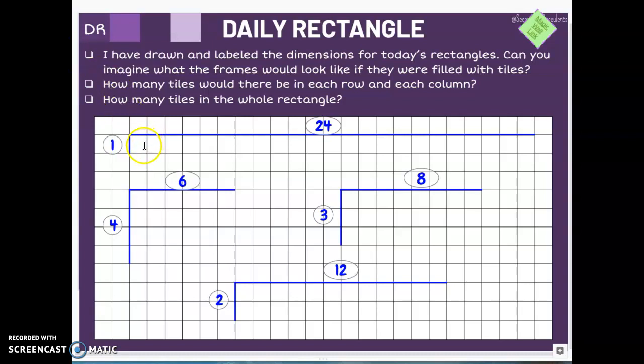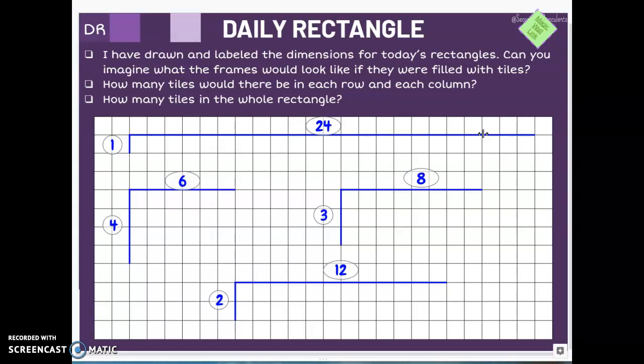Let's start with our top frame right here. Our frame is 1 tile high, and it would be 24 tiles long. How many rows do you see in this rectangle? Show me on your fingers. Yeah, you should be showing me 1.